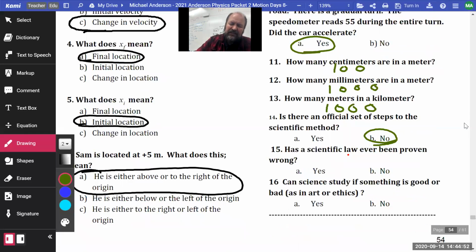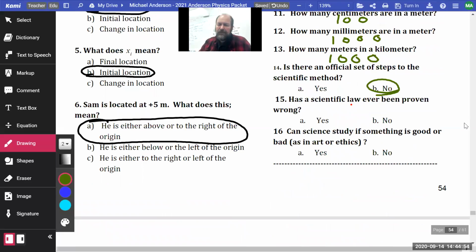Number 15, has a scientific law ever been proven wrong? Now remember that a scientific law is something that has been shown to be true over and over and over again in lots of different situations. They give it a special name then, a law. Has a scientific law ever been proven wrong?